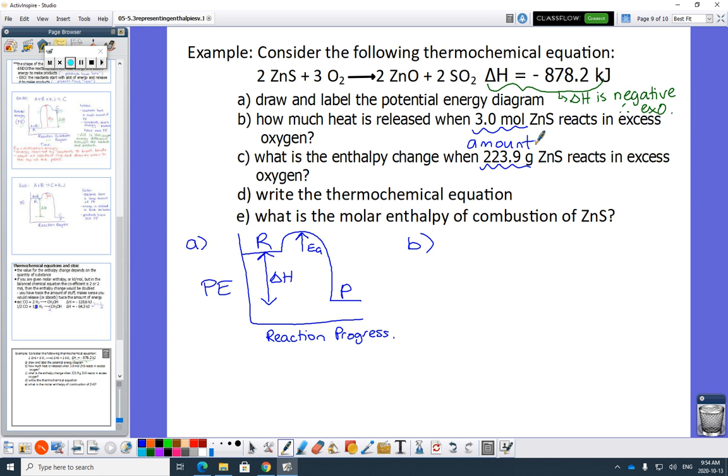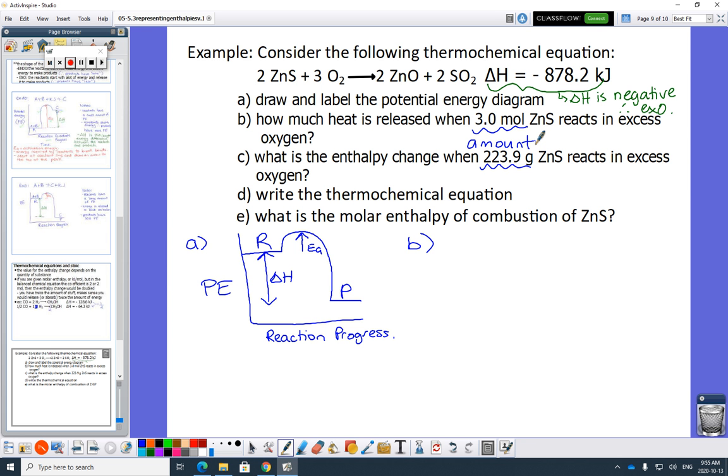Does it say in a calorimeter? No. Does it say the water gets warmer or colder? No. So this isn't a calorimeter question with amounts in it. All we have are the delta H value and a mole amount. So how much heat is released, or what's the enthalpy change? Those two things mean the same thing.